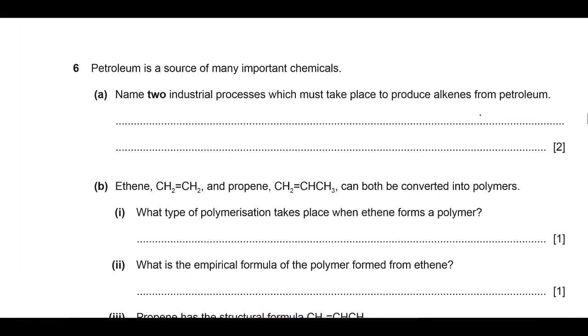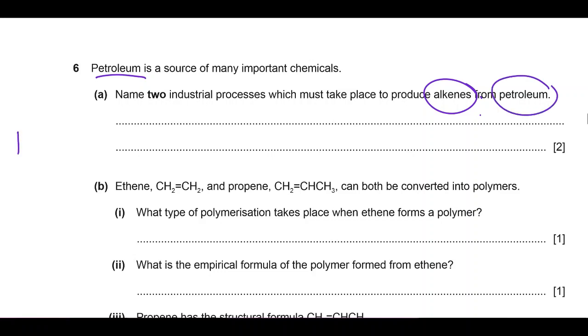Question number 6. You have petroleum, which is crude oil, a source of many important chemicals. Name 2 industrial processes which must take place to produce alkenes, not alkane, alkenes from petroleum.